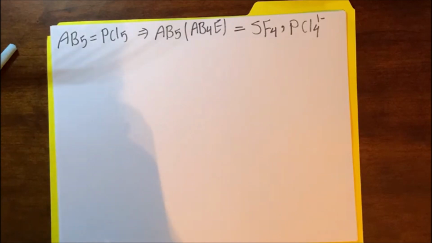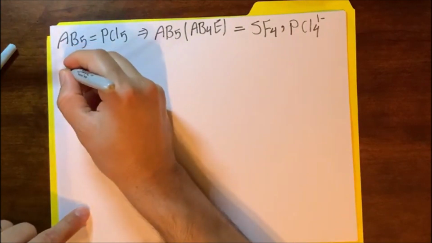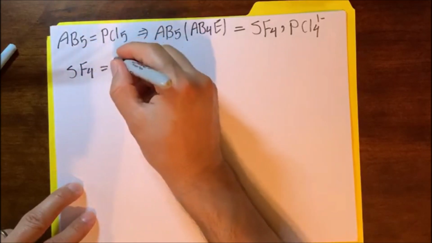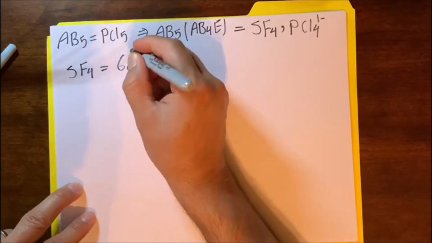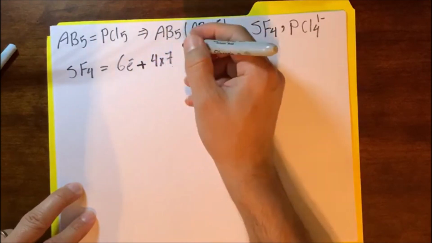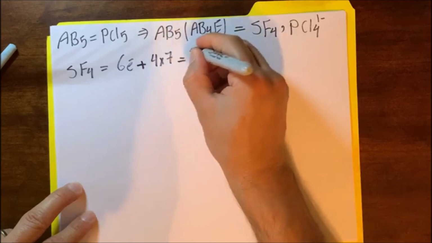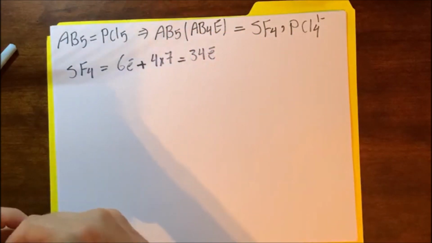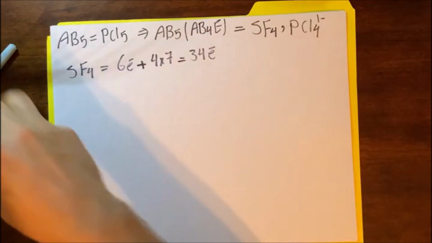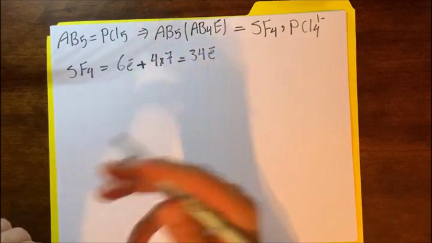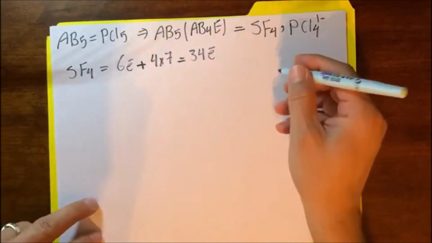So let's say SF4: you go with 6 electrons for S plus 4 multiplied by 7 for fluorine, so we have 34 electrons. The electronegativity of sulfur is less than fluorine, so fluorine will be the outer atom and sulfur is the central atom.